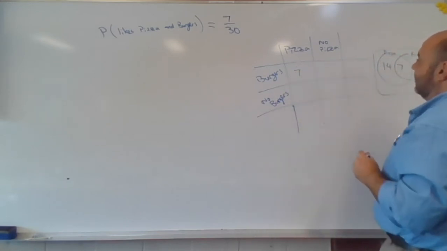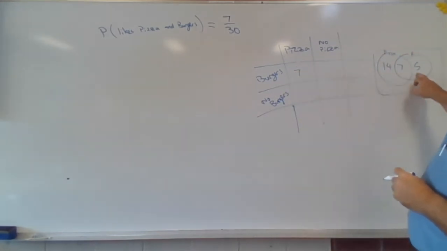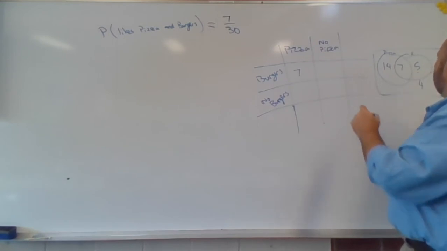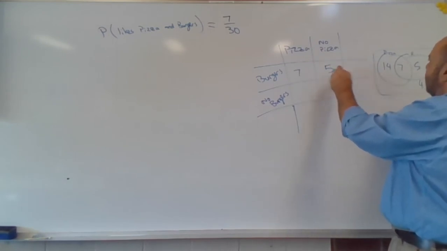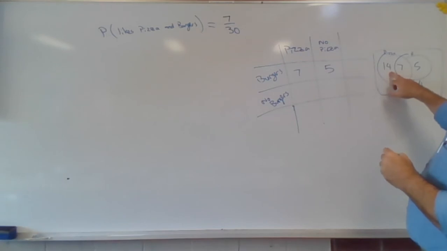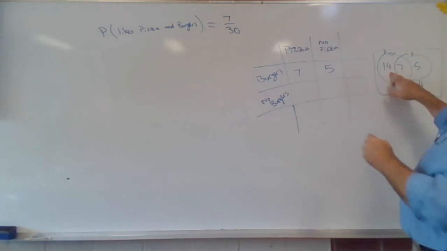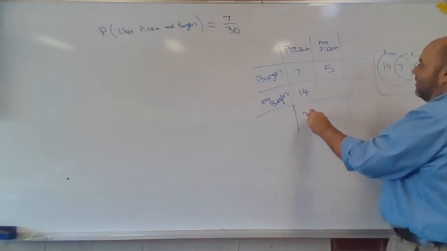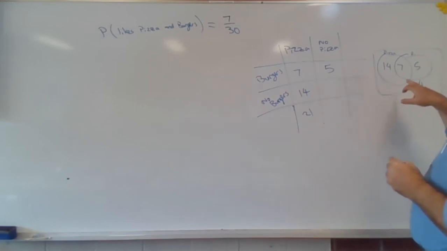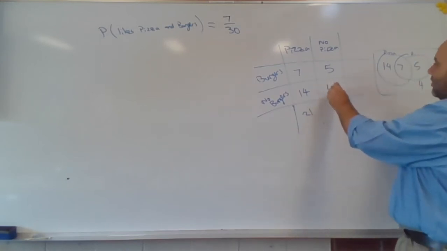So liking both was 7. Liking burgers but not liking pizza was 5. Liking pizza and not liking burgers was 14. Not liking either was 4.